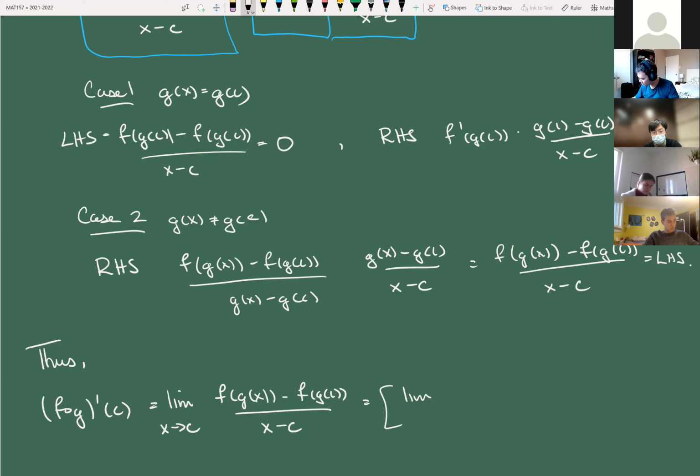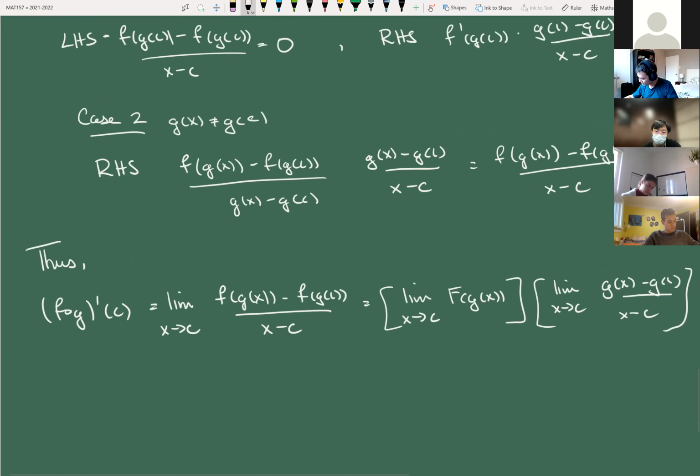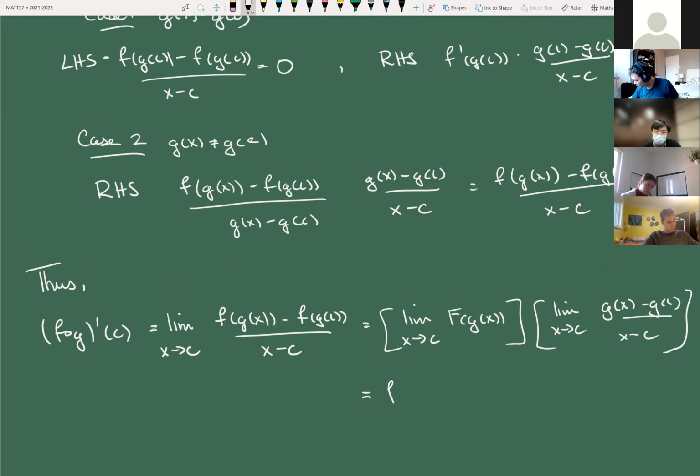That is, because both of these limits exist, the limit as x approaches c of g of x minus g of c divided by x minus c equals f prime of g of c times g prime of c, and that's what I wanted to show.